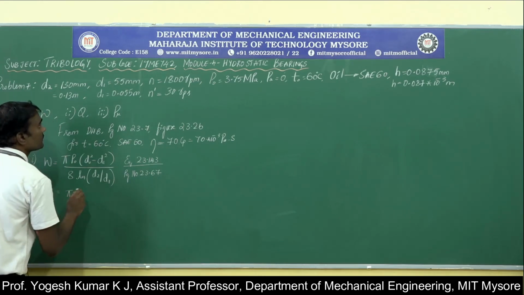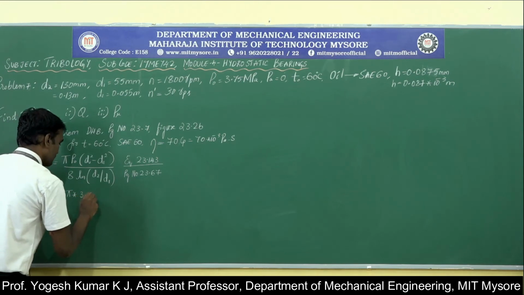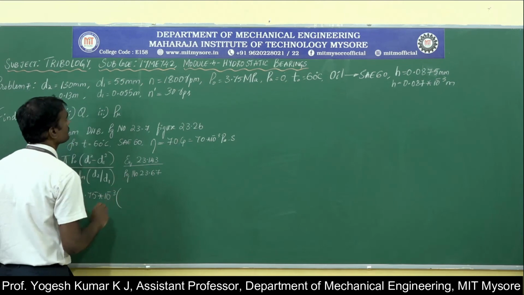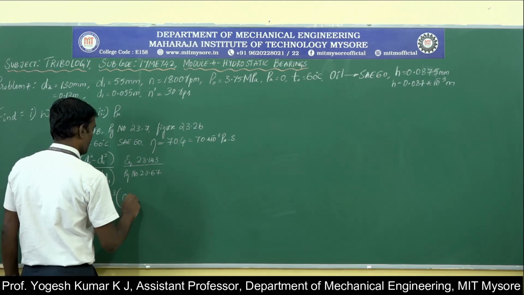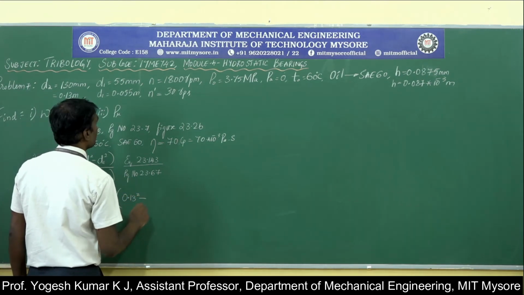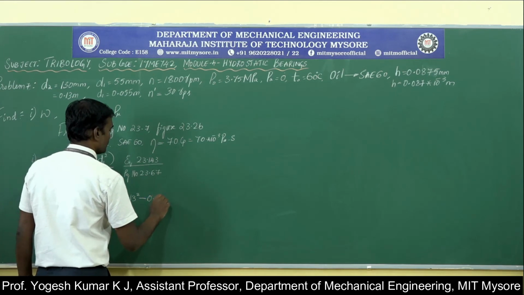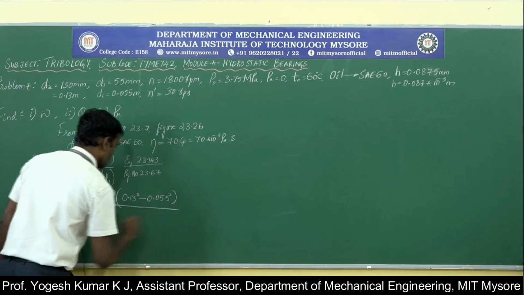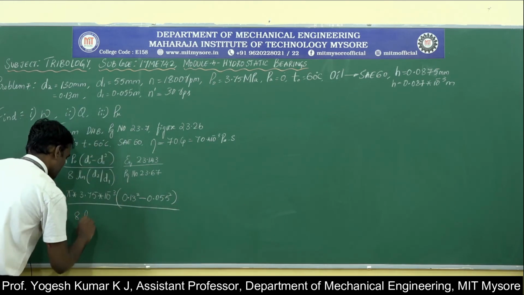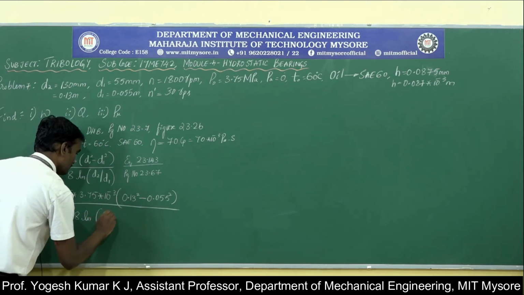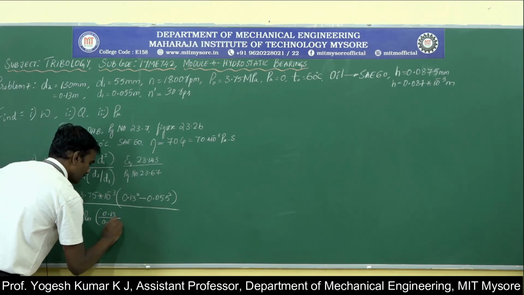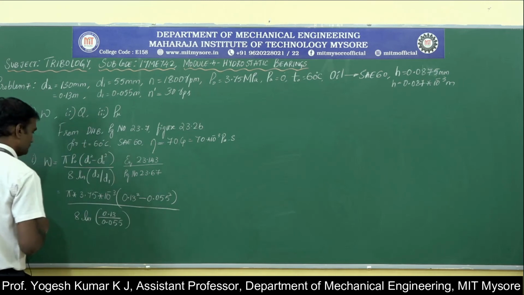Pi, the value of P naught is 3.75 into 10 power 6, d2 is 0.13 square, d1 is 0.055 square, whole thing divided by 8 natural log 0.13 divided by 0.055.